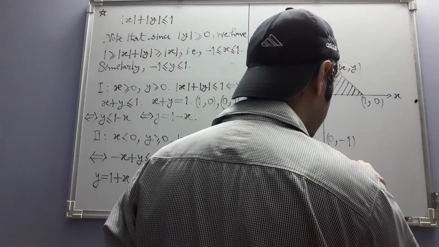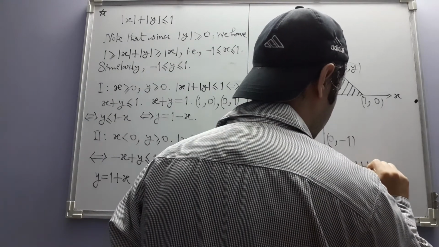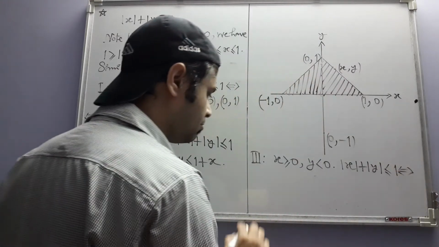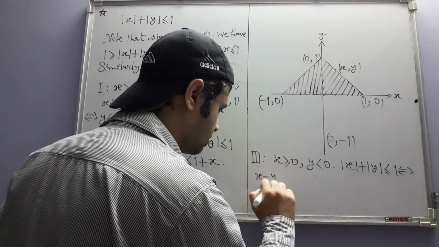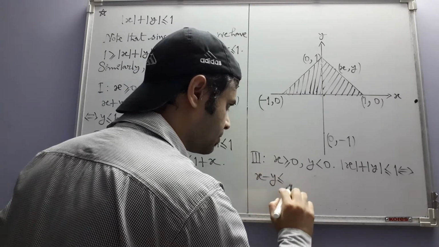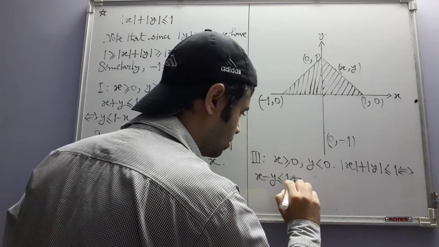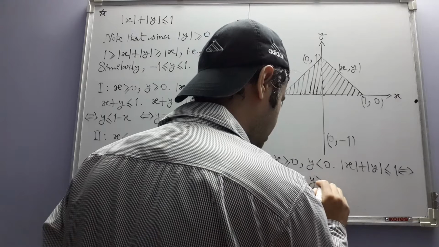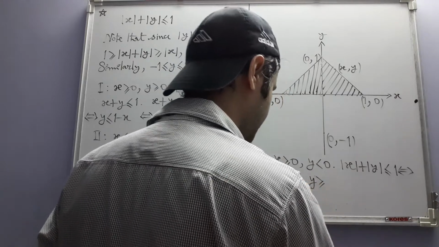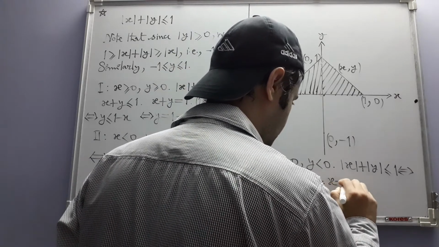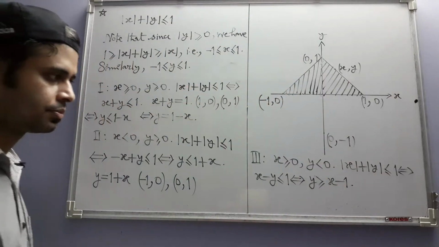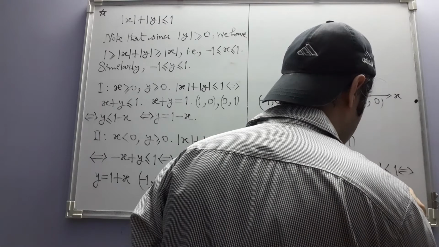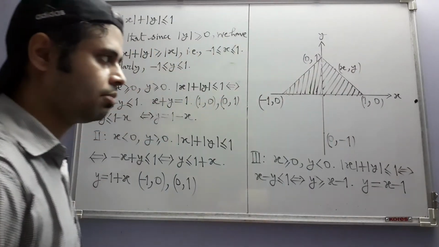In this case, the inequality is equivalent to x minus y less than or equal to 1, or y greater than or equal to, because y will go on that side, x minus 1, and the corresponding equation is y equal to x minus 1.